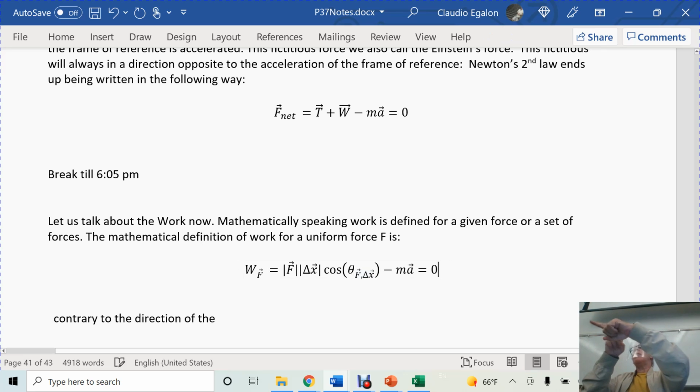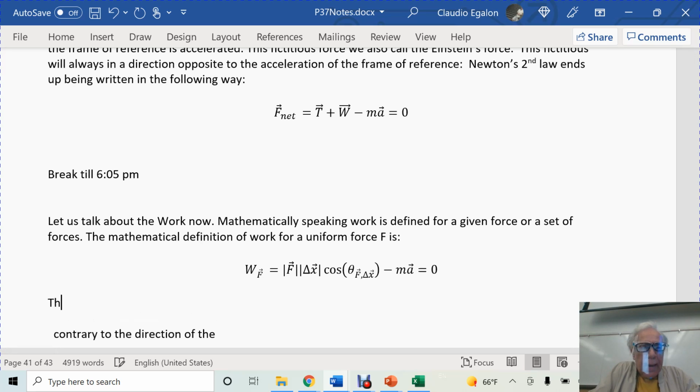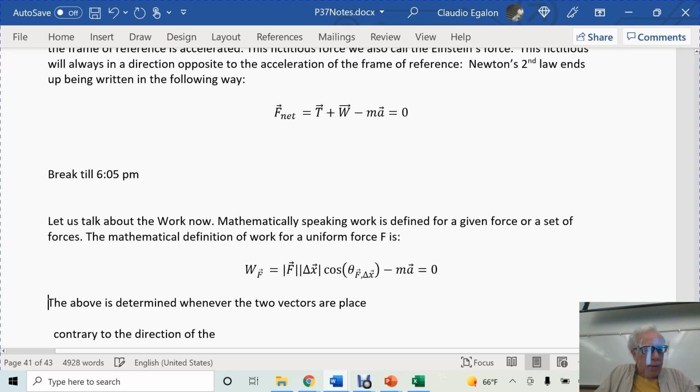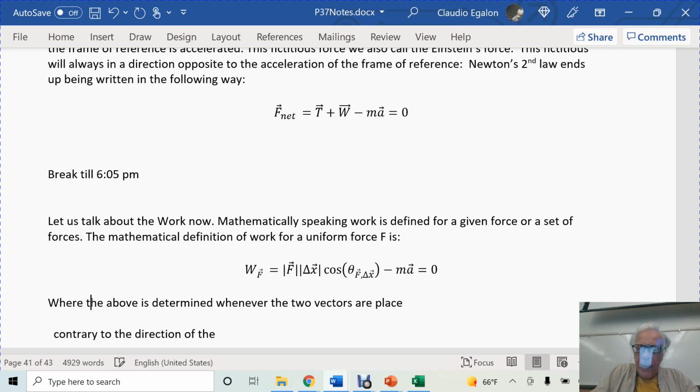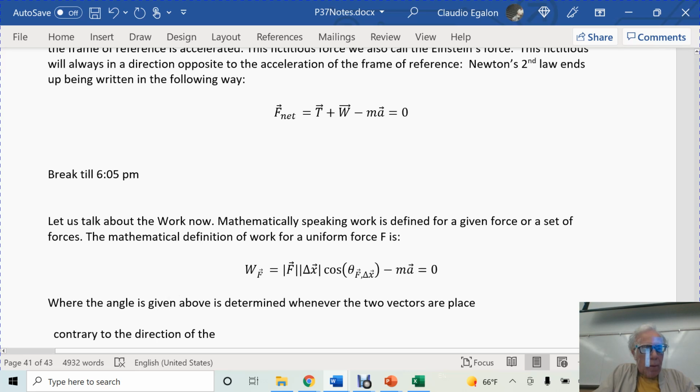And this angle is taken whenever the two vectors are tail to tail. Okay? This angle is determined whenever the two vectors are placed tail to tail.